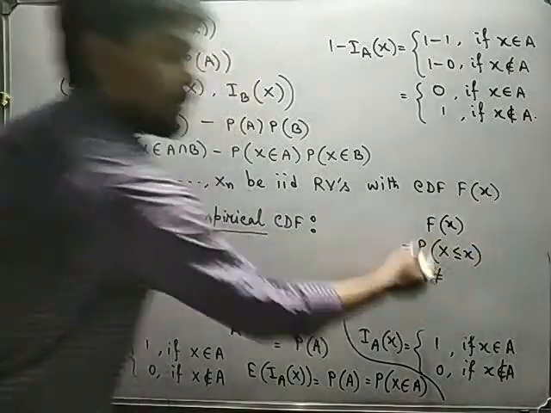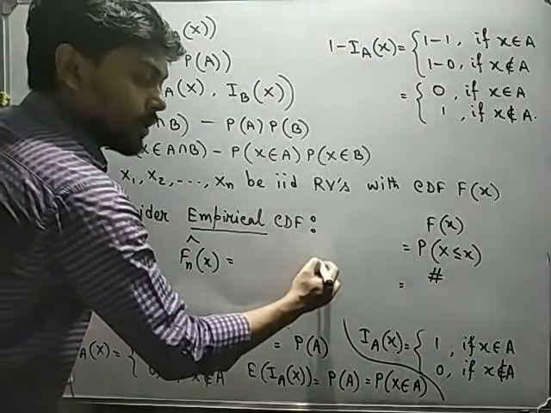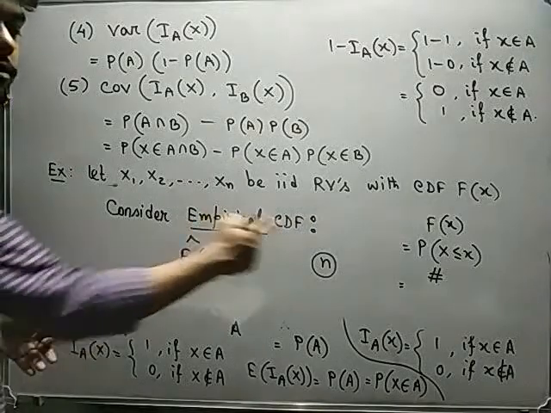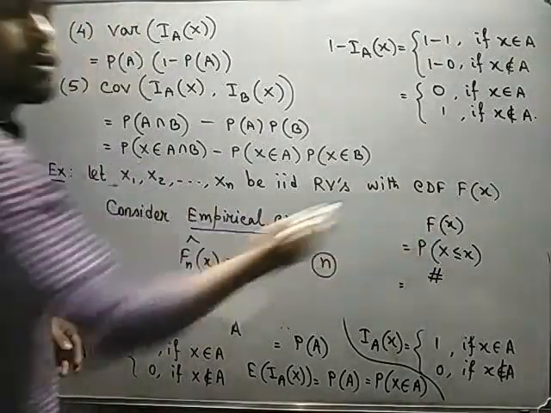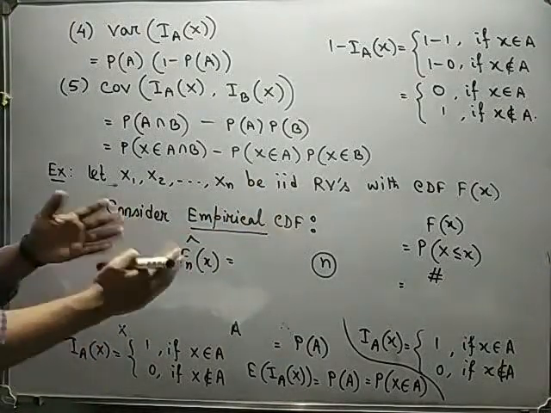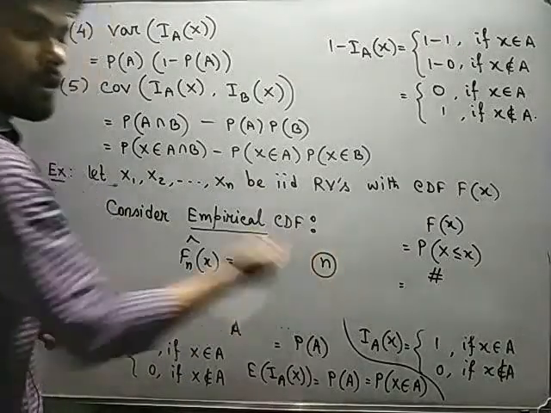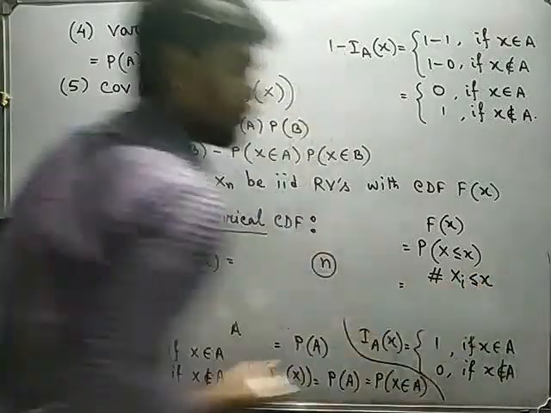So the probability that capital X is less than or equal to small x can be estimated if we take n samples from the population, and based on those n samples we get the empirical CDF. Empirical CDF means any CDF which is based on the sample values.